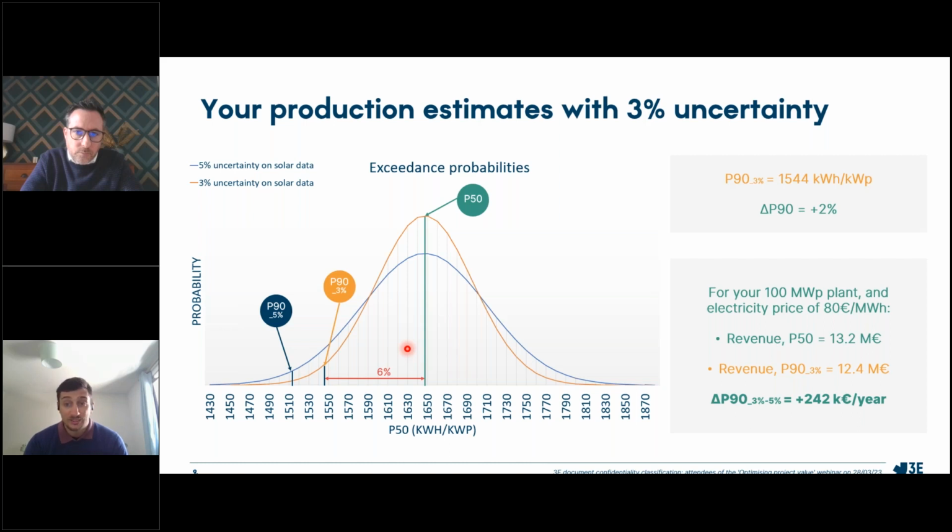As simple as that, just by using more accurate solar irradiation data. So it's more certainty about the revenue that you can make. And we know that the P90 value is very important also when you build your business plan and you go to see any lenders and any potential investors.